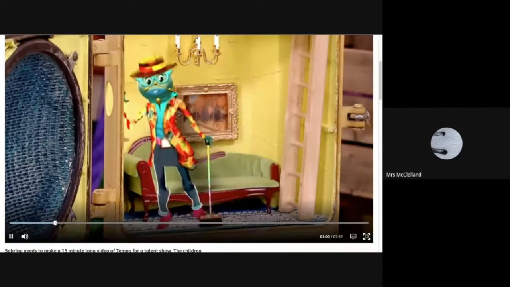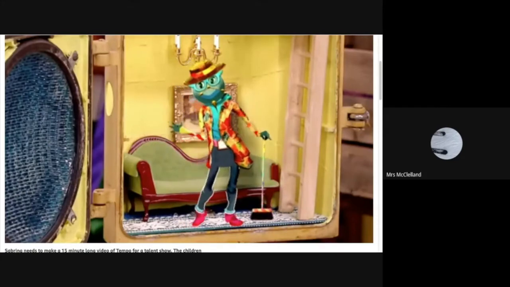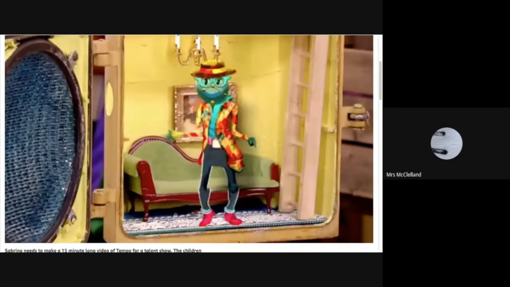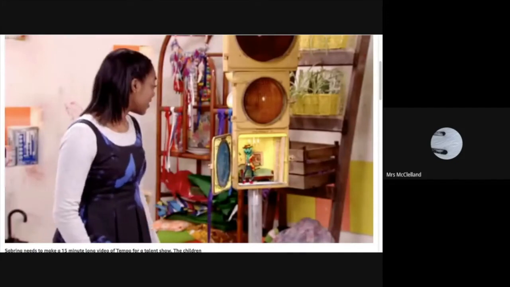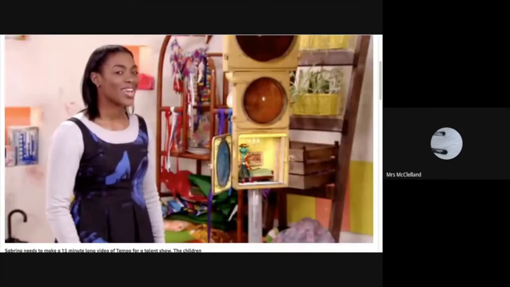Must be at least 15 minutes long. What do you think? Do you want to enter? There's a lot of work here I should be getting on with. But yes! Yes, film me. Film me. Oh, this is my good side. Tempo, I can't just film you standing there. You have to do something talented. For 15 minutes? Well, how long is that? Aha. Over to you.